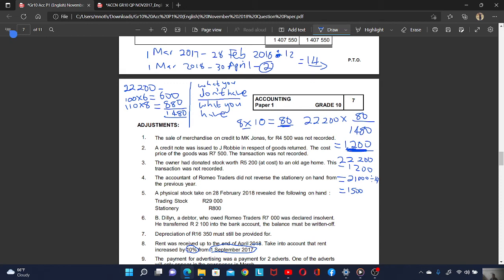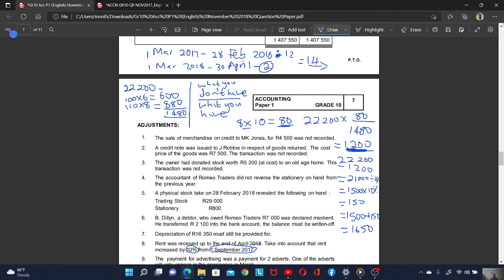So the rent was increased by 10%, so we need to calculate that 10%. 1,500 times 10%, the answer is 150. So we need to know how much that is plus that increment of 10%. So 1,500 plus 150, the answer is 1,650.